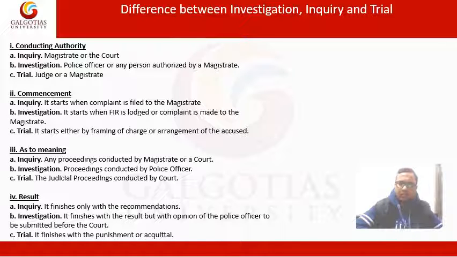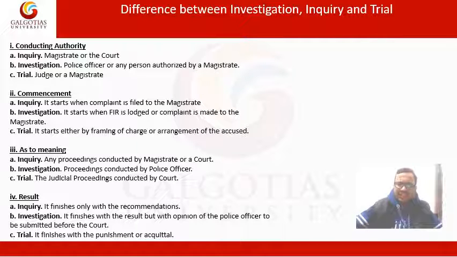by the court. As to its meaning, inquiry is any proceeding conducted by a magistrate or court. Investigation is a proceeding conducted by a police officer. So they are different authorities and these are different proceedings. The actual steps involved are also different. And trial is the final step where the judicial proceeding is conducted by a court.